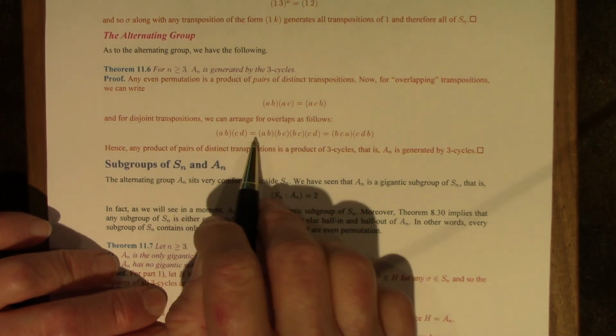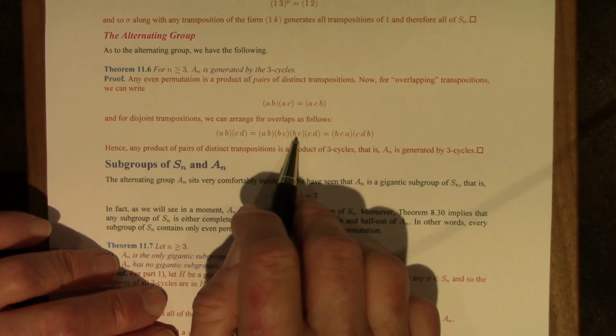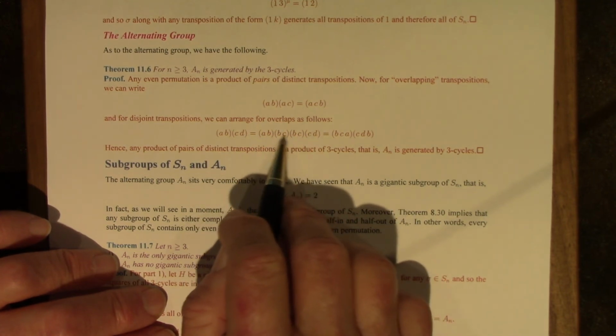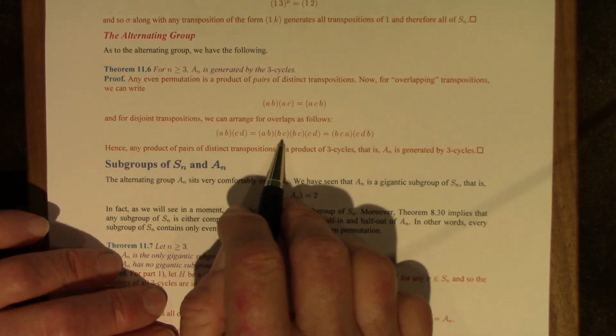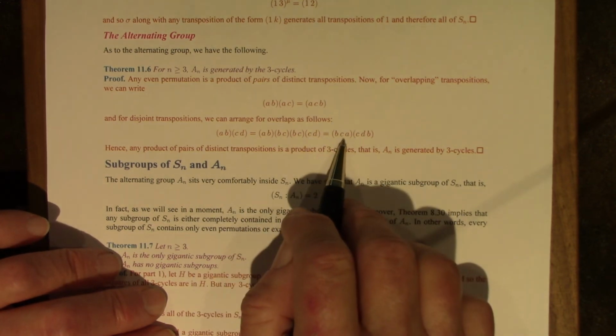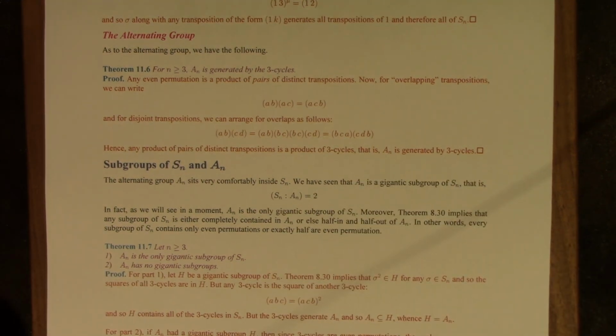(A B)(C D) is (A B)(B C)(B C)(C D). These cancel because this is an involution, and that is the product of 2 3 cycles. So we can arrange for each pair of transpositions to be written as a product of 3 cycles. So the whole thing is a product of 3 cycles.